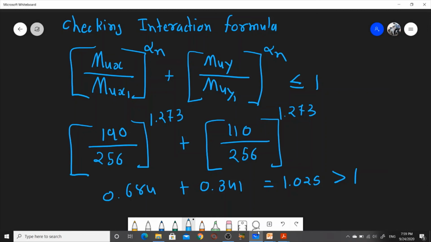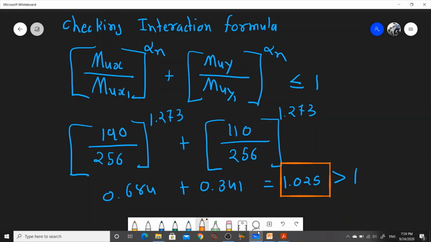So by this value you can see our interaction formula is not satisfied.